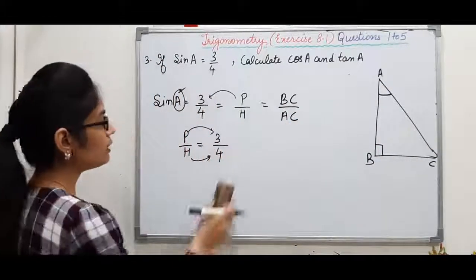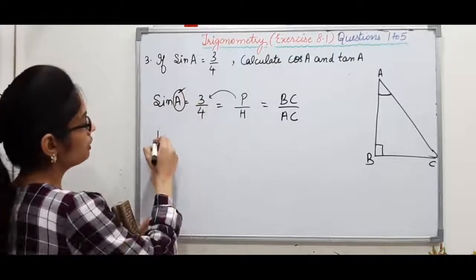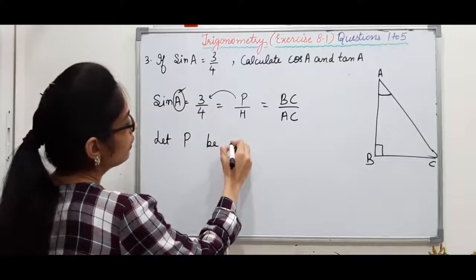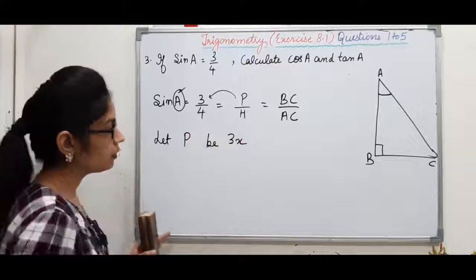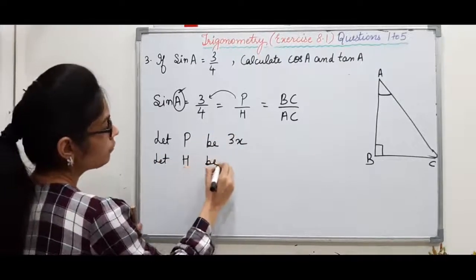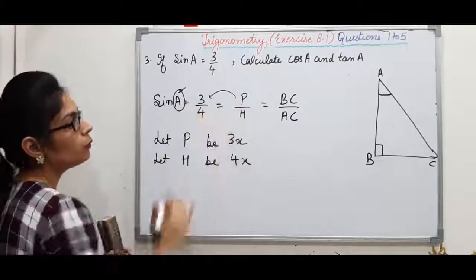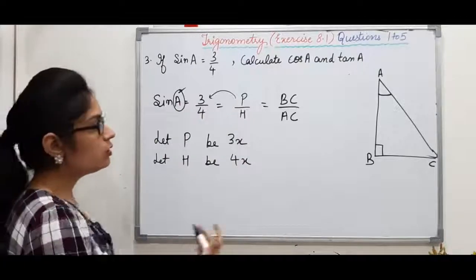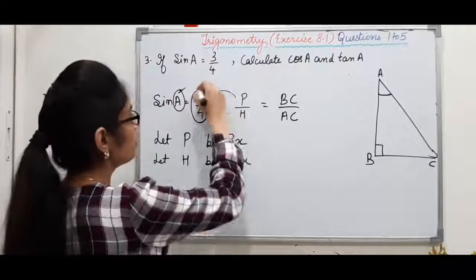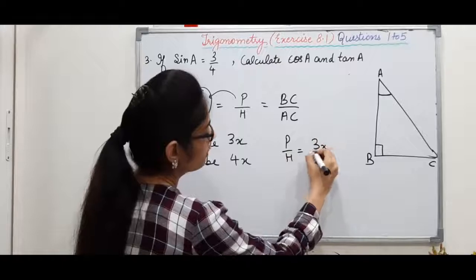Whenever a ratio is given to us, we'll assume let P be 3x and let H be 4x, because opposite to P, 3 is there and opposite to H, 4 is there. So why haven't we assumed 3 and 4? The reason is that a ratio is given to us. See, P by H, the ratio is given to us as 3x upon 4x.